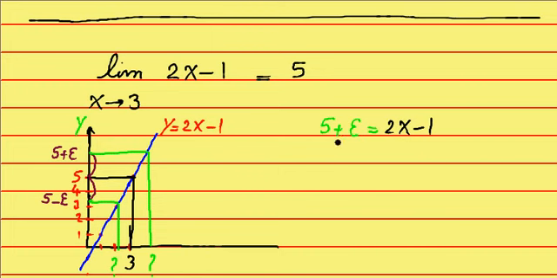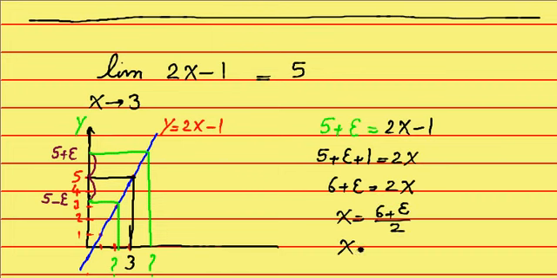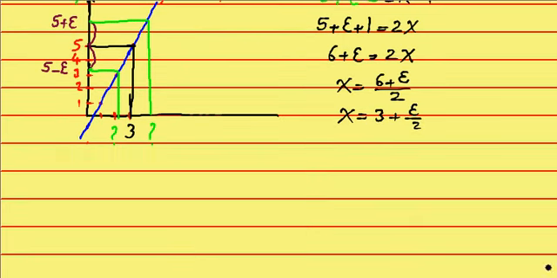So I bring 1 to this side. 5 plus epsilon plus 1 is equal to 2x. So 6 plus epsilon is equal to 2x. So that tells me x is 6 plus epsilon divided by 2, which tells me x is equal to 3 plus epsilon over 2.